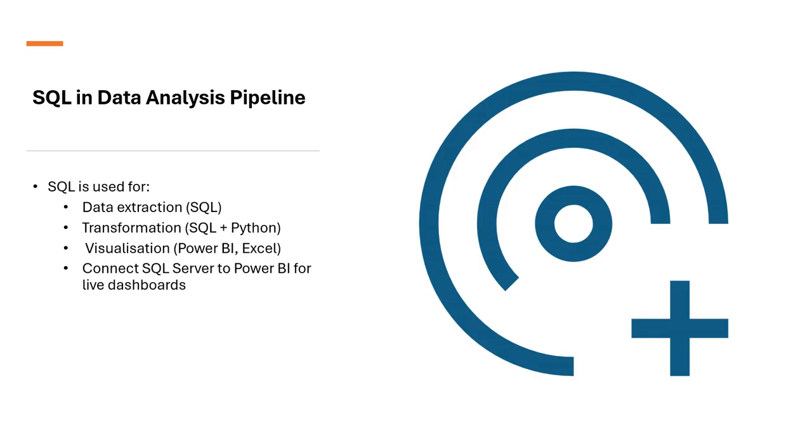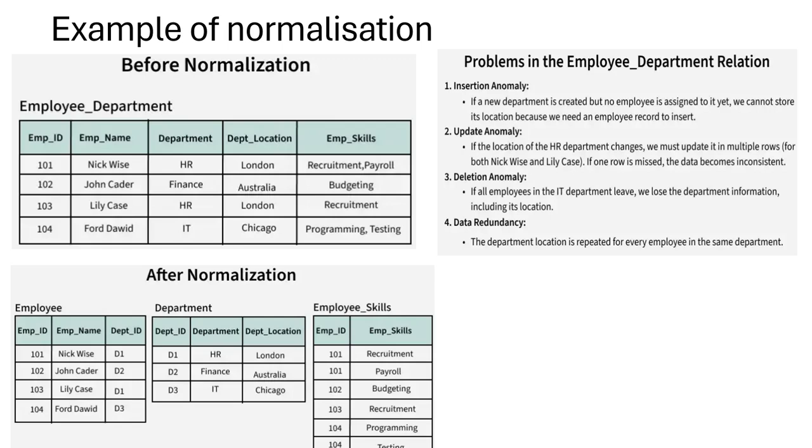Then after normalization, we have our three entities. Entities are mostly objects or real world items. For example, an employee, a department, and skills. You see that for the employee, we have the employee ID, employee name, and department ID, which we then use to reference or find the department for that employee.